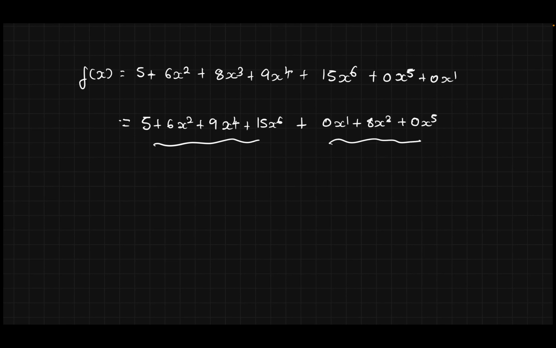But then we can factorize out x to make that side also an even function. So it's 5 plus 6x squared plus 9x4 plus 15x6, then plus x into, I'm just going to get rid of the zeros, just 8x.